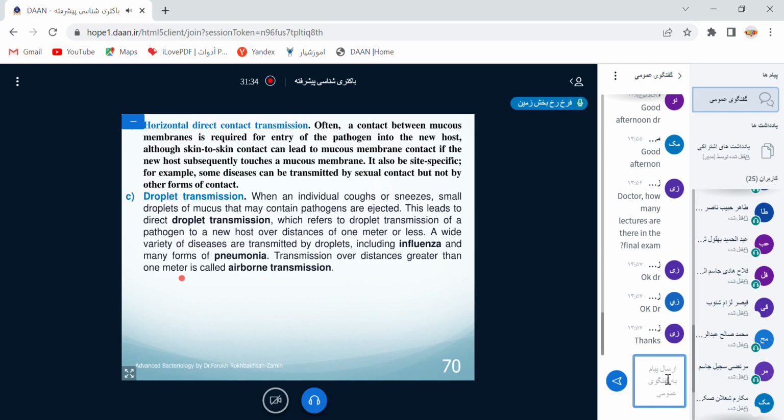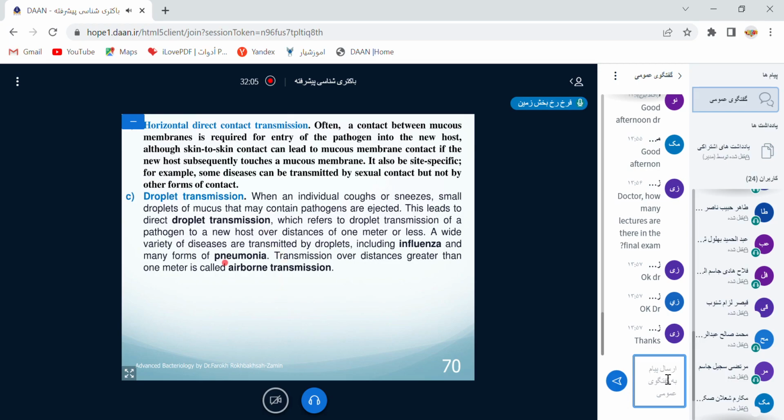Transmission over distances greater than 1 meter is called airborne transmission. Transmission by air less than 1 meter is droplet transmission, and transmission over distances greater than 1 meter is called airborne.